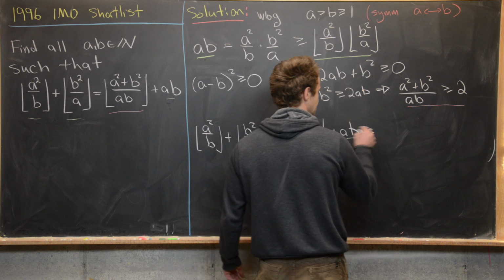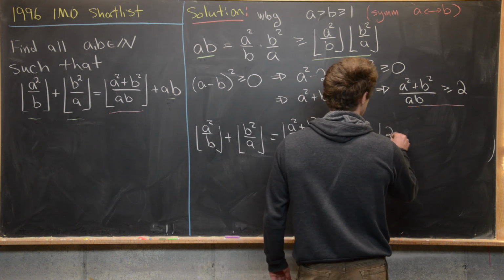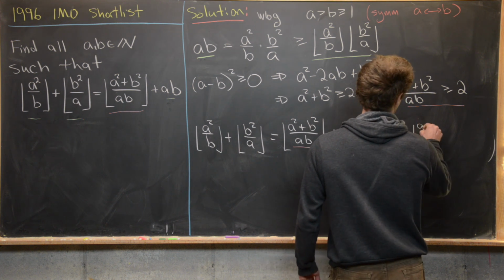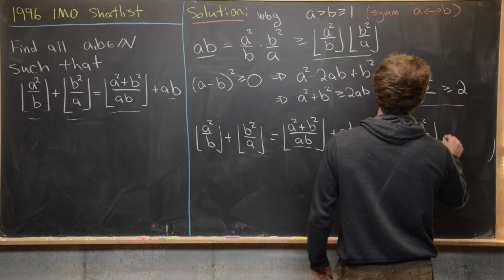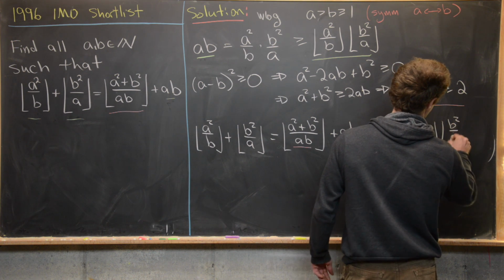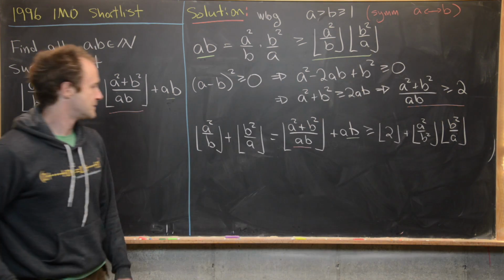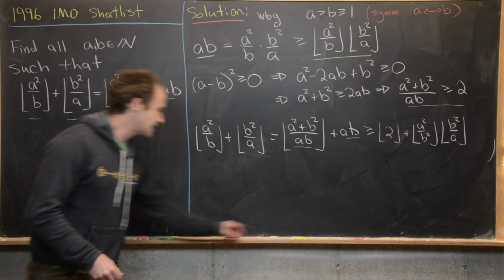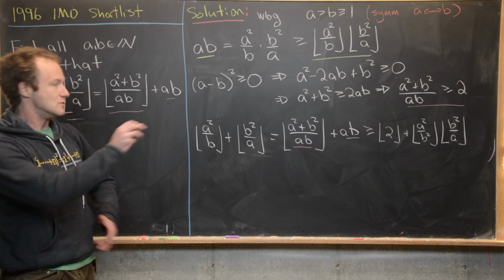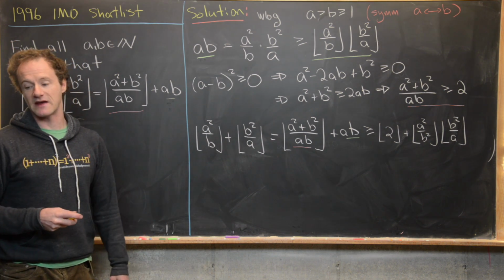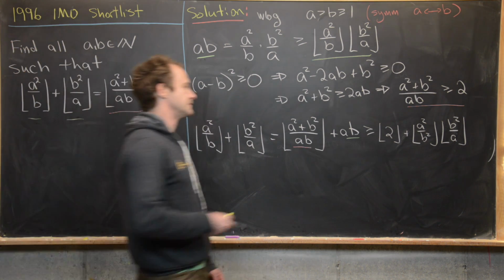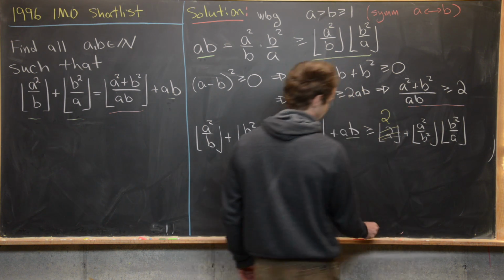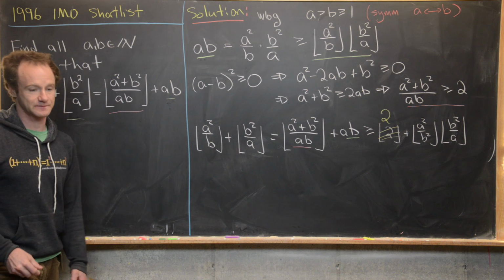So that's going to give us something that's bigger than or equal to the floor of 2 plus the floor of a squared over b squared times b squared over a, like that. And that's actually a little bit more helpful than it might seem, because we can move this stuff around and make a factorable inequality. So first I want to notice that this floor of 2 is just the number 2. We don't really need to worry about that too much.